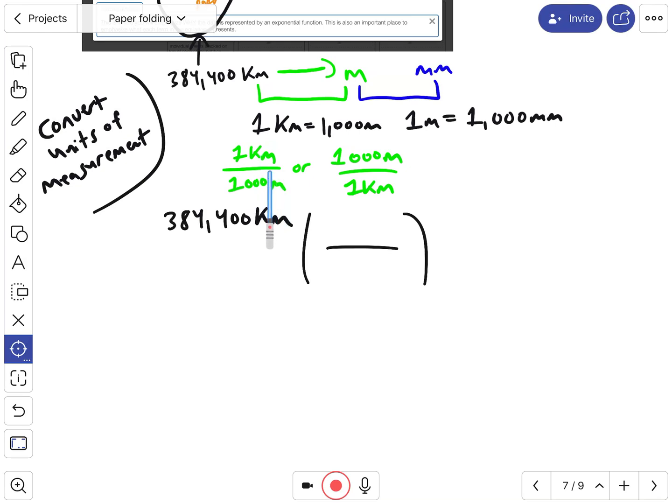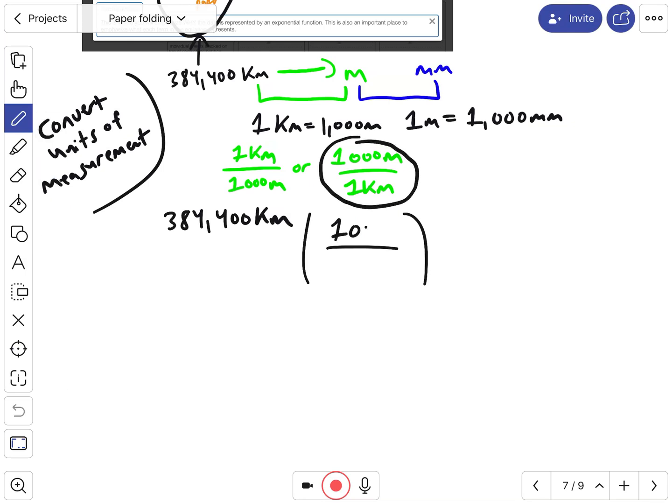If we use the fraction with kilometers on the top, the kilometers won't cancel out, because this kilometers is technically on the top of a fraction, right? You could put it over 1. So we need the kilometers in the denominator, so that the numerator and denominator can cross cancel the kilometers. That's why we're going to use this one.